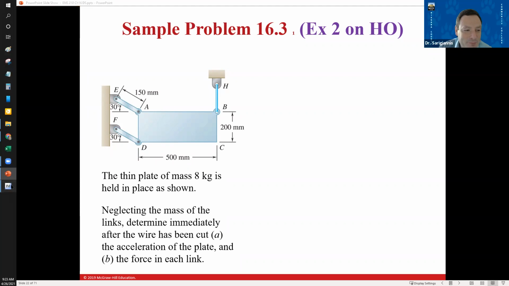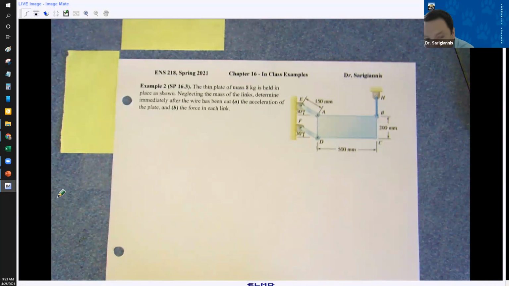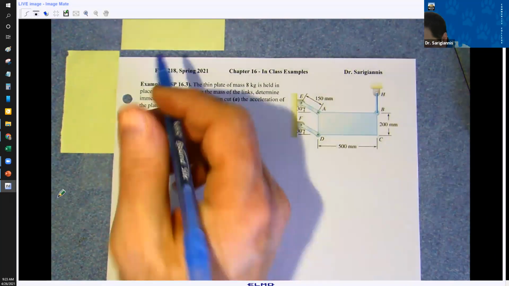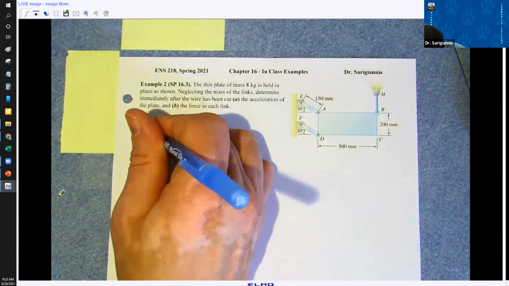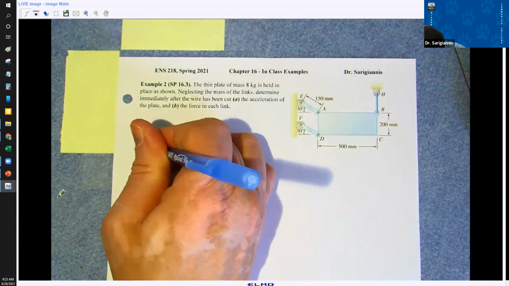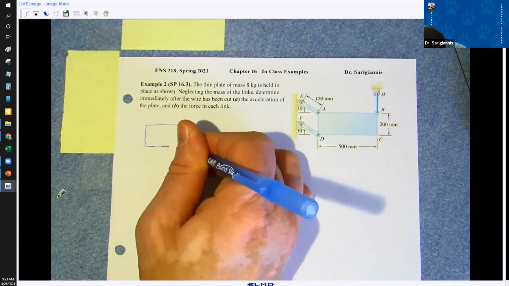All right, I'm going to start up here in the corner. We've got this rectangle.